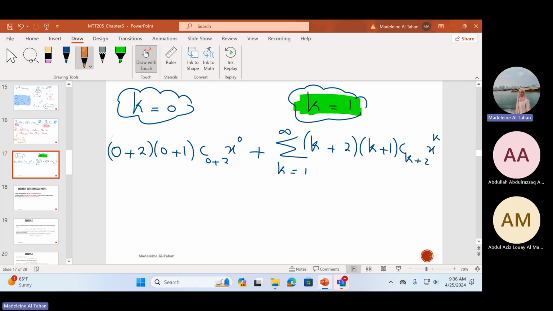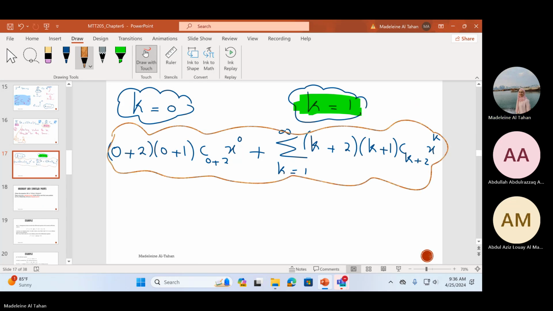This one is our first series, right? Yes. The second series, what was it? Plus the sigma from k equals 1 to infinity of c_{k-1} x^k. And this one was the second series.